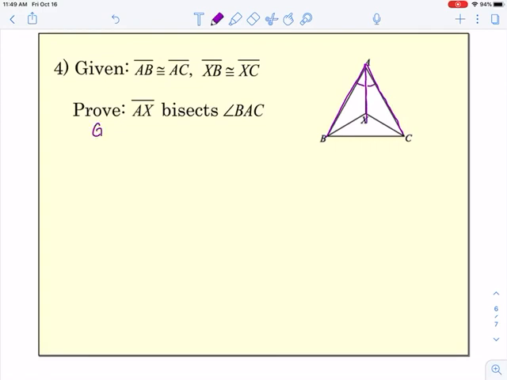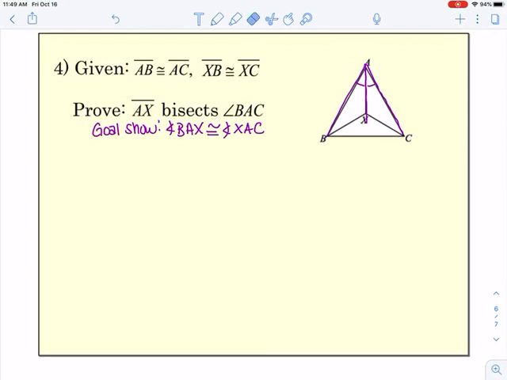So my goal is to show that angle BAX is congruent to angle XAC. If I can show those two things are congruent, that would mean that AX bisects.